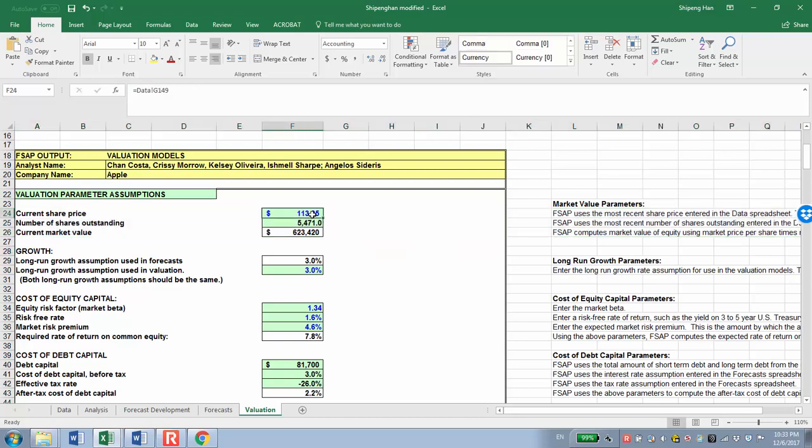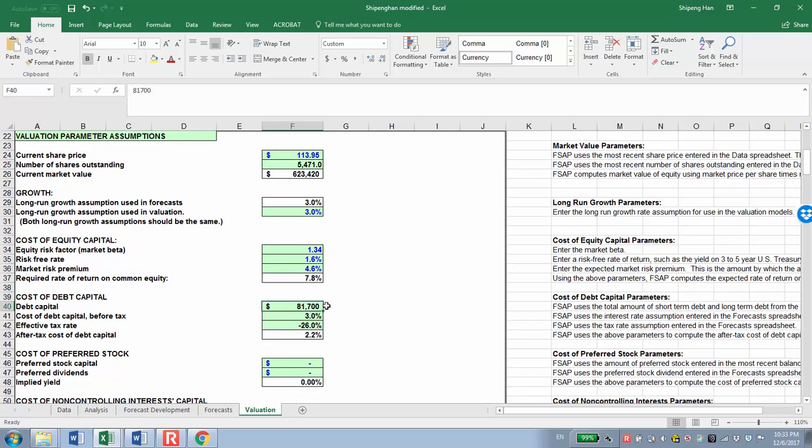This is the share price on the balance sheet date, in September 2016. That's the share price on that date, and this number is the number of shares outstanding. So the market cap of Apple is the product of these two numbers. We use this to represent the dollar amount of common equity.